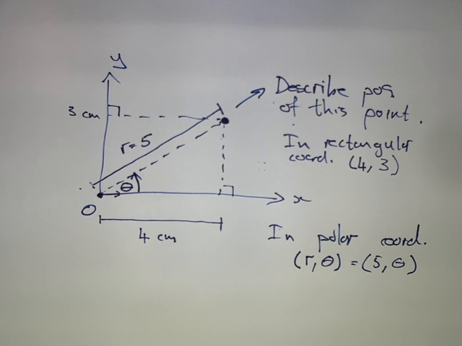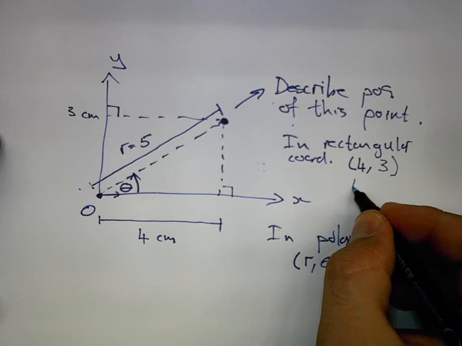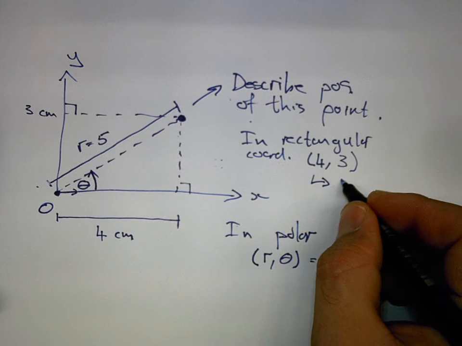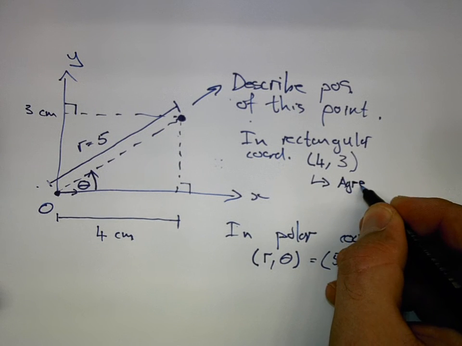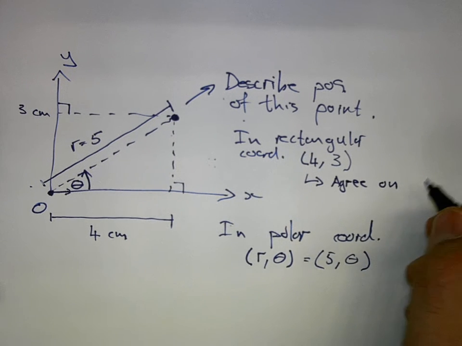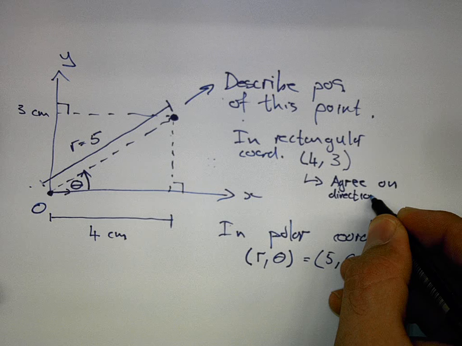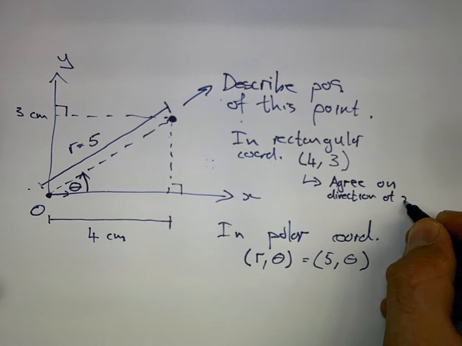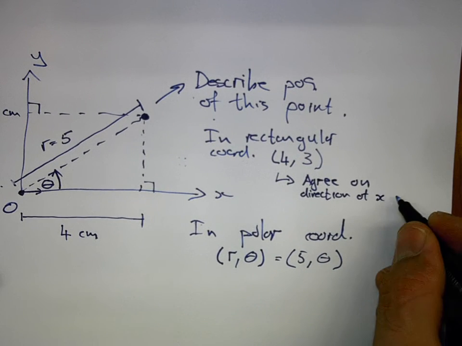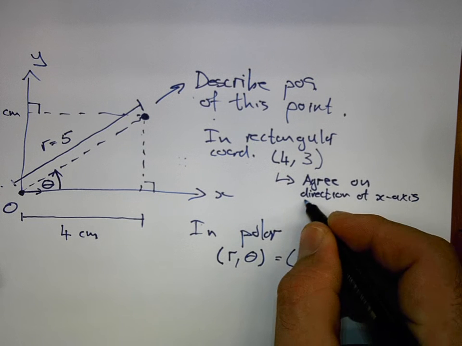So we've got two ways in which we can define the position of a point. And each of them actually requires 4 little bits of information. In rectangular coordinates, we must agree on the directions of our x-axis plus our y-axis.